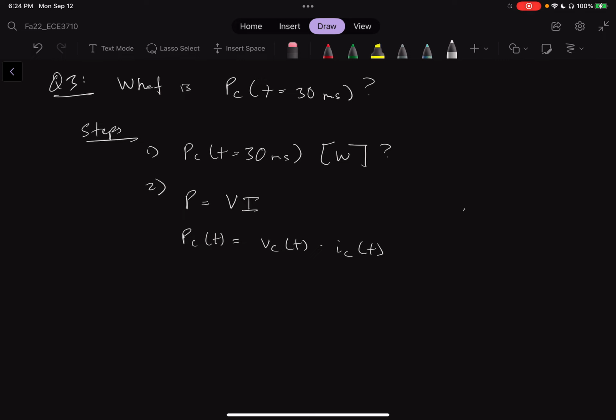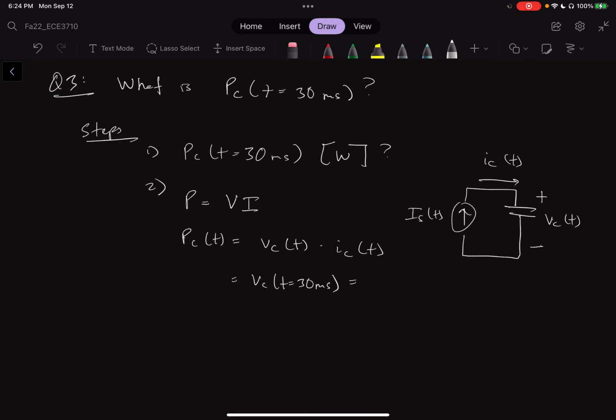And if we look at our circuit, we can notate that it's VC of t equal to 30 milliseconds, the voltage of the capacitor at 30 milliseconds, times what? The current that's going through the capacitor is none other than the current source. So it'll just be IS of t at 30 milliseconds. That's going to give you the power of the capacitor at time equal to 30 milliseconds.